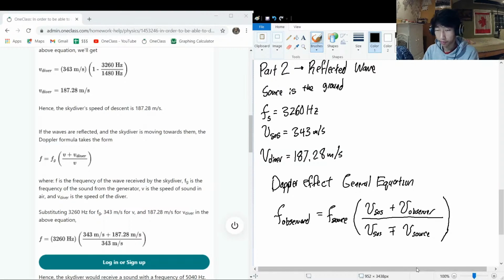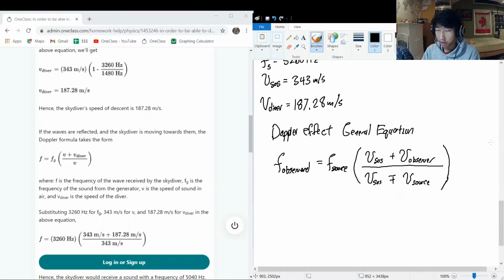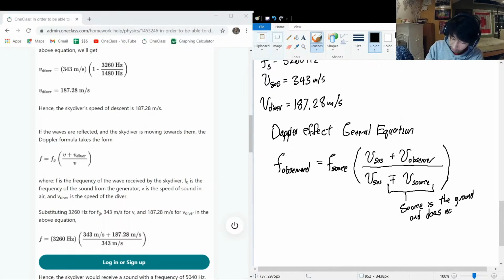Okay. So it's minus for when we're approaching, and plus for when we are getting farther away from it. But in this case, the source is the ground, and does not move. Zeroes out.